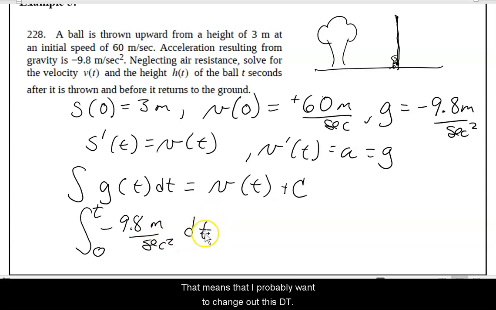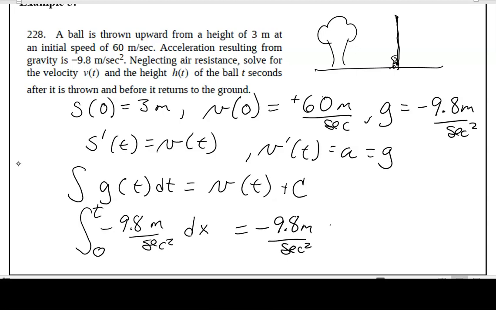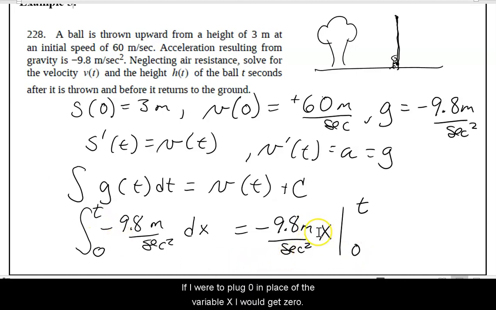That means that I probably want to change out this dt instead and use some other variable that will disappear, like x. This would give me negative 9.8 meters per second squared x evaluated between 0 and t. If I were to plug 0 in place of the variable x, I would get 0. Thus, I only get negative 9.8 meters t per second squared.